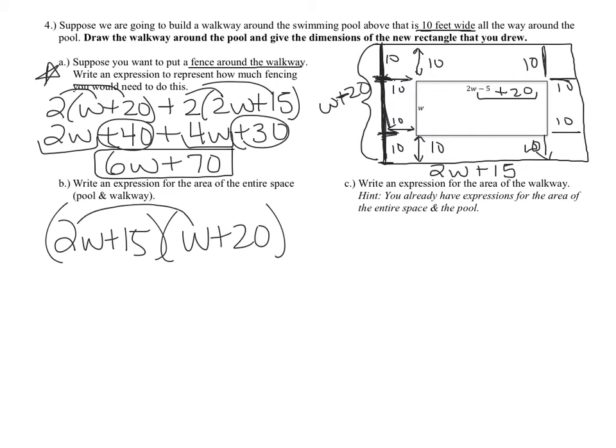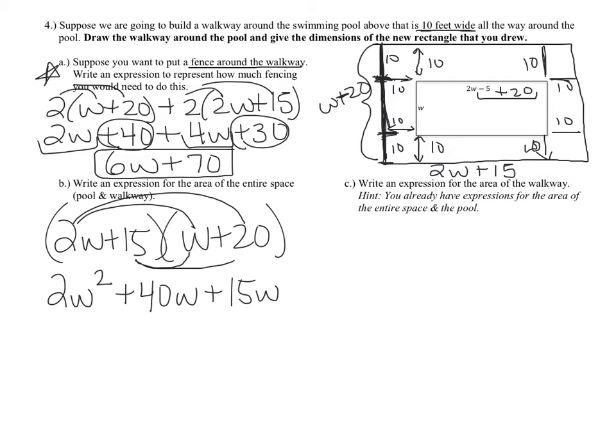I said distribute, I meant do FOIL. 2W times W is 2W squared, and then 2W times 20 is 40W. Now we're going to do 15 times W is plus 15W, and then 15 times 20 is 300. So we have plus 300.